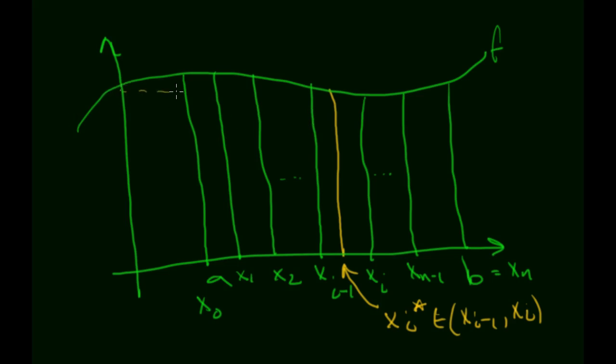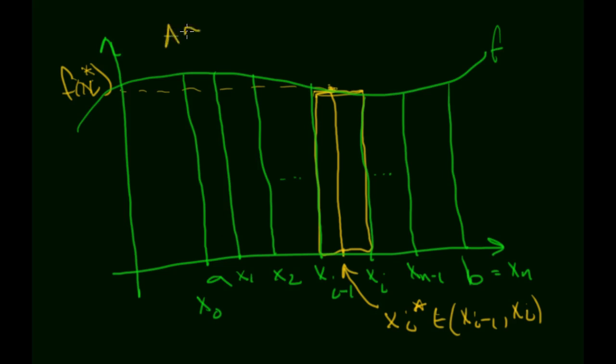And then what we do is we look over here and we say, well, what is the f value for that? And that is going to be f of xi star. So we build a rectangle here to approximate this. And we do that for each of the partitions, and then we just sum up these rectangles.